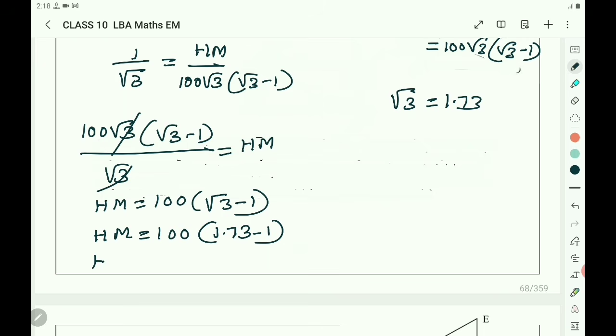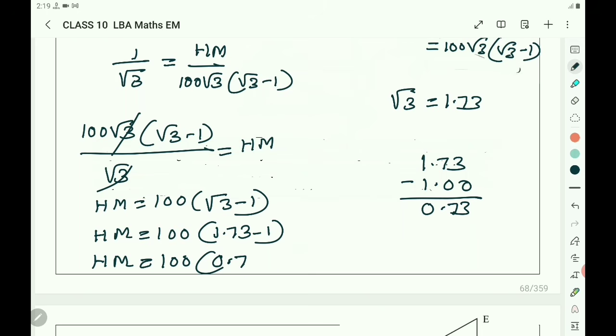Then HM equals 100 into 1.73 minus 1, which is 0.73. 100 into 0.73 is 73. You got the HM value, 73 meter.